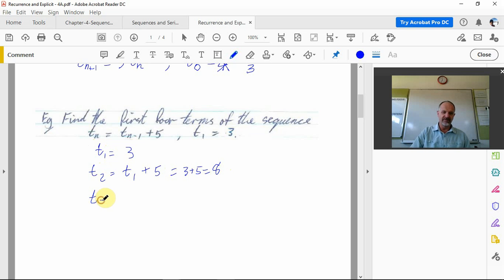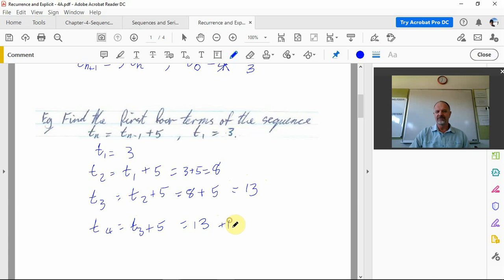Term 3 would be term 2 plus 5, 8 plus 5, which is 13. Term 4 is term 3 plus 5, which is 13 plus 5, which is 18, and so on and so on.